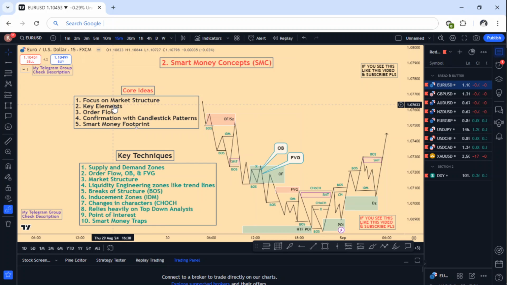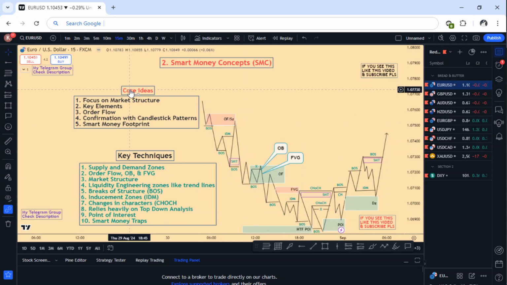SMC involves concepts like supply and demand zones, support and resistance levels for liquidity zones, forex patterns like the wedge and trend lines for liquidity manipulation points, and identification of swing highs and swing lows for further liquidity and breaks of structure. The idea is to identify areas where smart money or the institutional investor is likely to enter and exit positions, as I explained in this diagram. I will go deep into it.